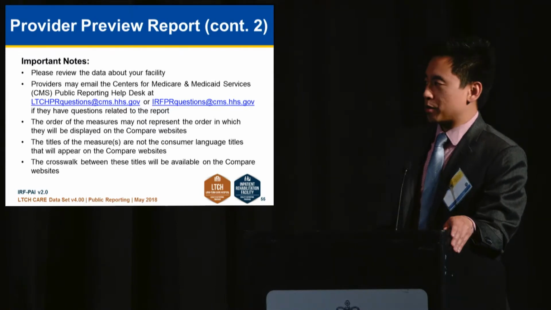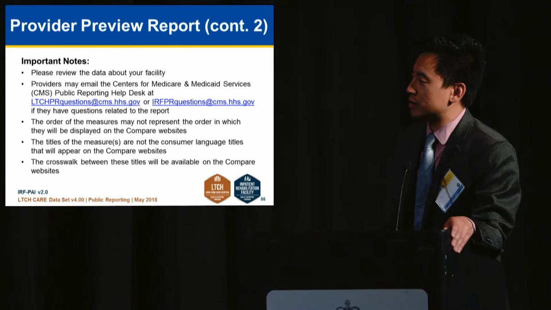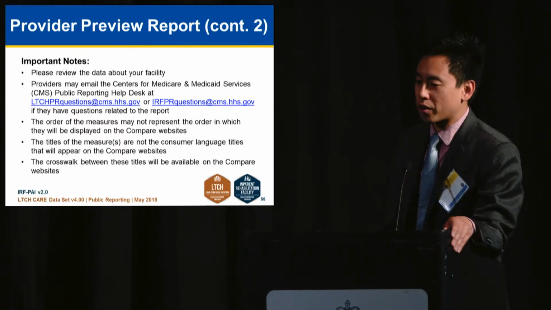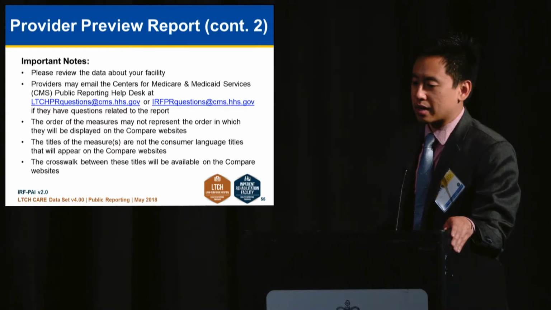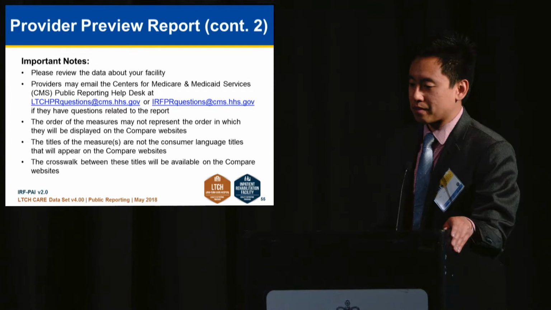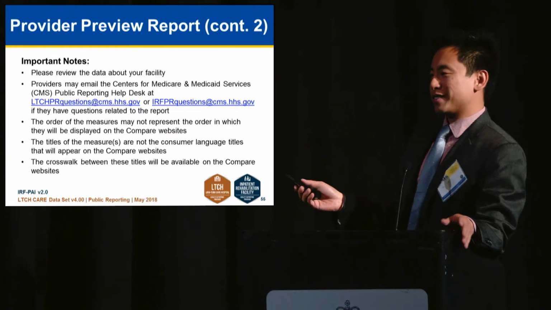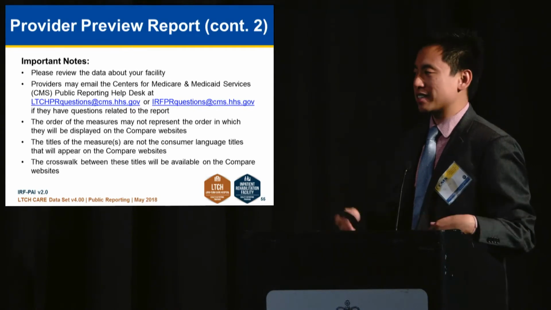And so in the provider preview reports, at the bottom of the provider preview reports, you should see important notes. So you've got your help desk information, and it's pretty much saying that the order of the measures in the reports doesn't really reflect what's on the Compare website.